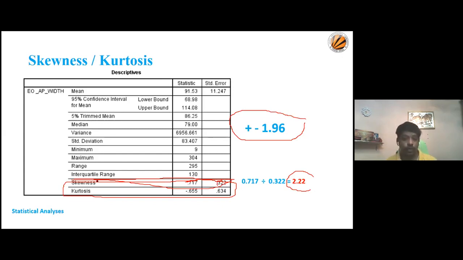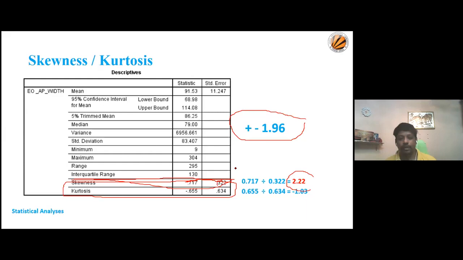But for the skewness, when you calculate this, you get 2.22. It means your data falls outside plus or minus 1.96, so it is not normally distributed, right? Okay, one more example.